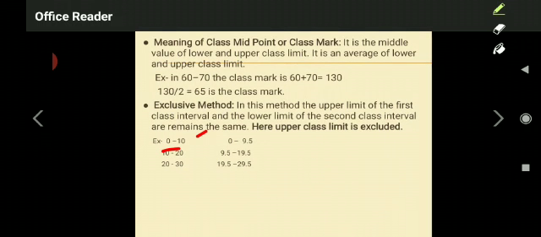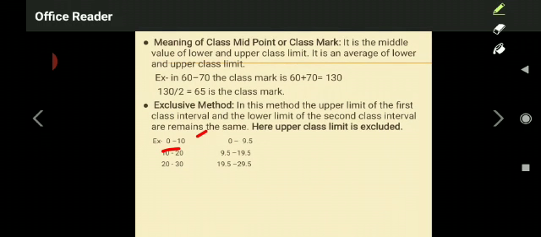Again, look at the third example there. That is, the class limit is between 20 to 30. In 10 to 20 and 20 to 30, you are able to understand the exclusive method. Here, the upper class limit of the 10 to 20 class limit is 20, and the lower class limit of the 20 to 30 is 20, for example.